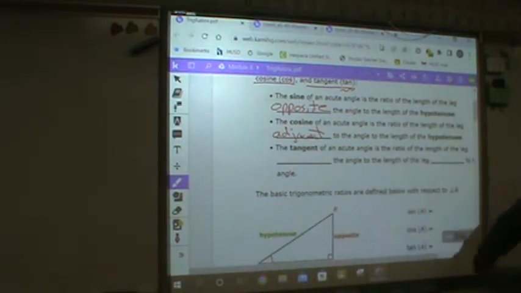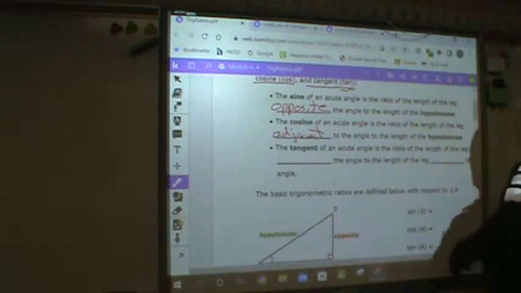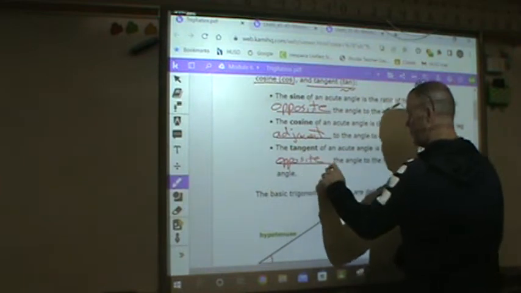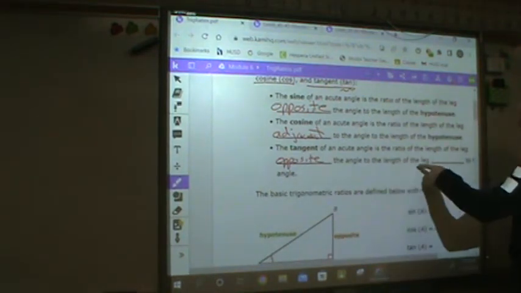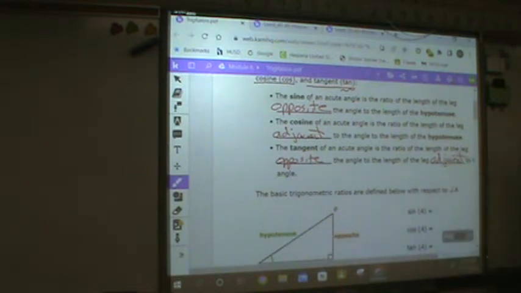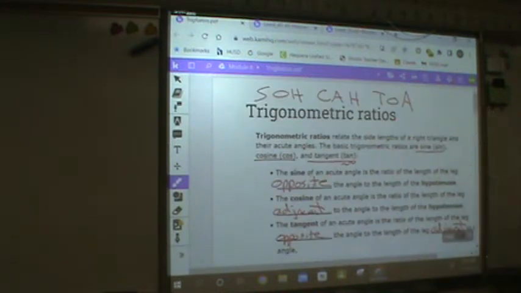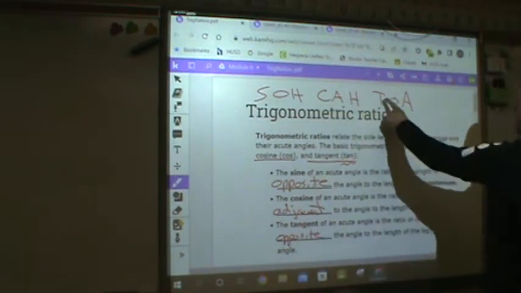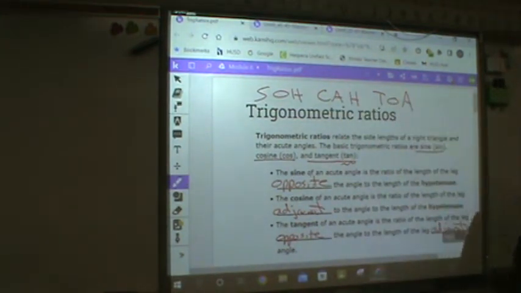And the tangent of an acute angle is the ratio of the length of the leg opposite the angle to the length of the leg adjacent. Hence SOH CAH TOA. So sine is opposite over hypotenuse, cosine is adjacent over hypotenuse, tangent is opposite over adjacent.